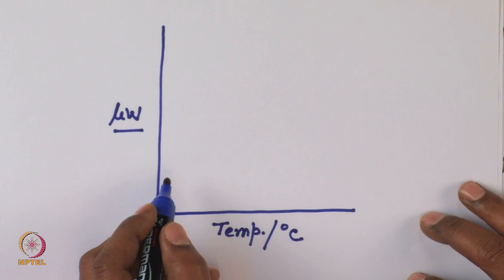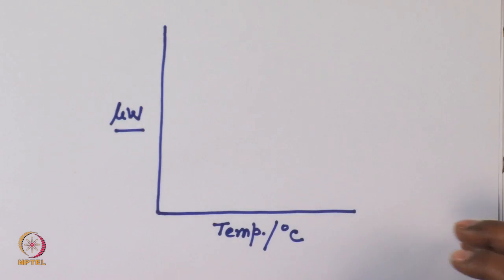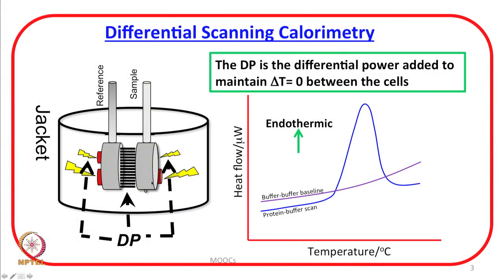Initially, when no transition is taking place in the sample cell, let me go to the slide. You have the protein sample here, you have buffer over here. Initially, if there is no transition happening, that means there is no additional power to any of the cells, that dP is equal to 0.